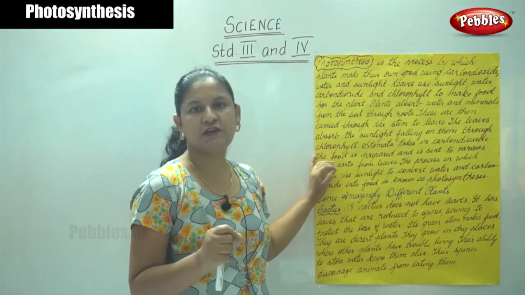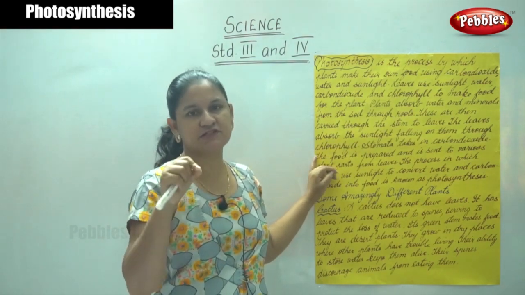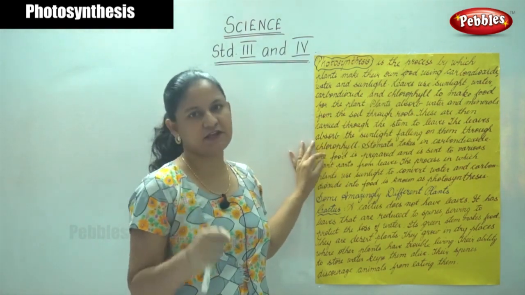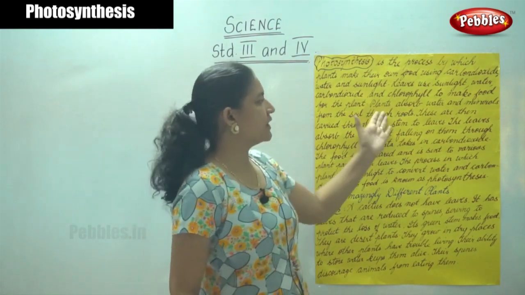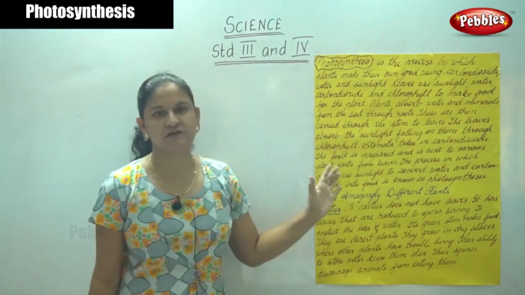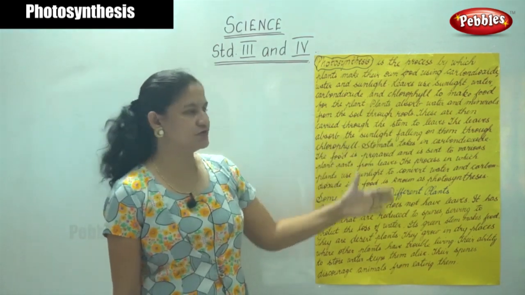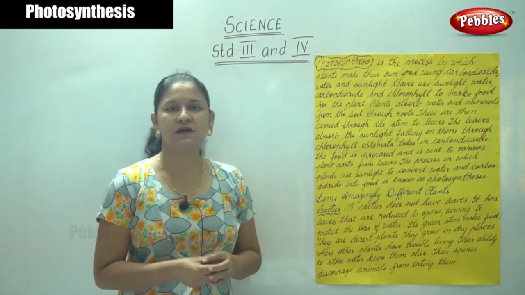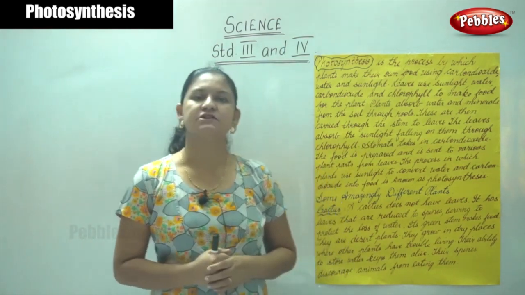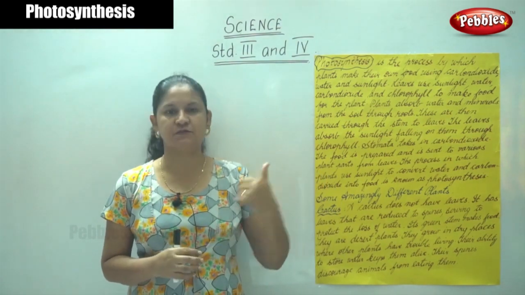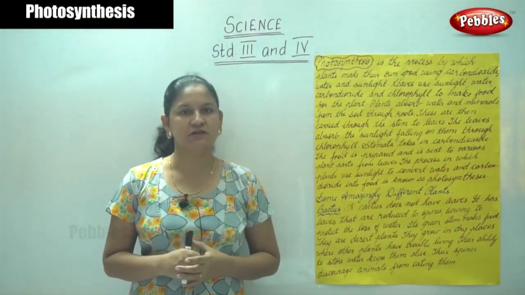Chlorophyll is a green colored pigment present on the leaf, and that gives the green color to the leaves and the plant. Plants absorb water and minerals from the soil through roots. Roots are the part of the plant that grows below the ground, and the shoot or stem is the part of the plant that grows above the ground.